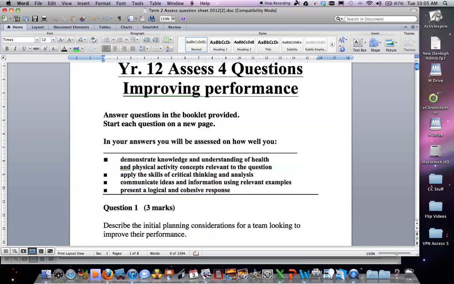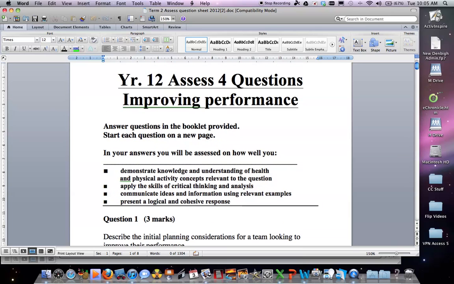The 3-mark question, obviously, we would expect most boys to get 3 marks here if you're able to follow the procedures of looking at what the question is asking you, how it's going to improve performance, and then relate it back to the content covered.